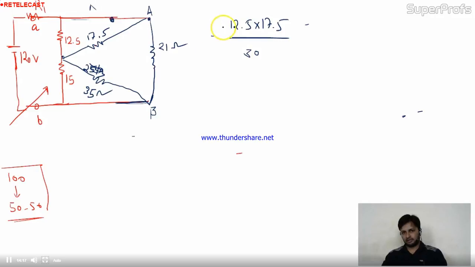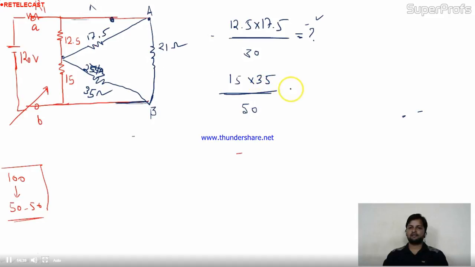Yes, 30 absolutely. So we'll be having some value. Please calculate and give me the result. Now this will be 15 into 35 divided by the summation, and that is 50. Is it okay? This is also a value.